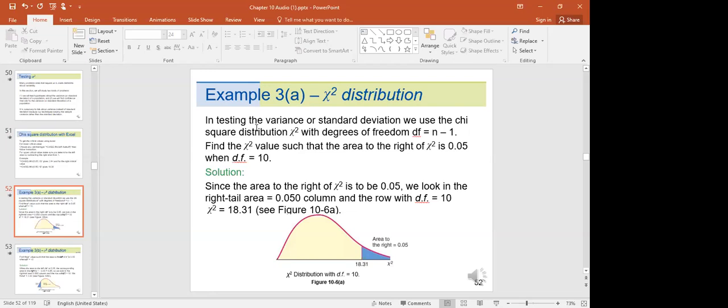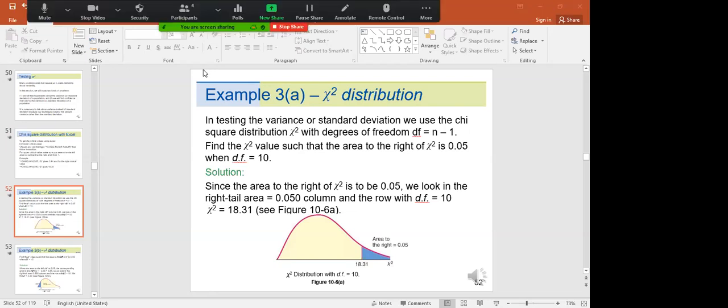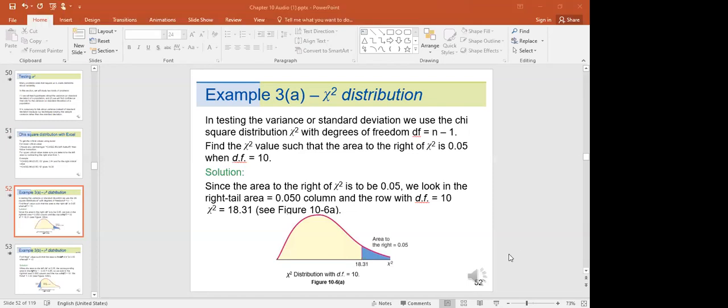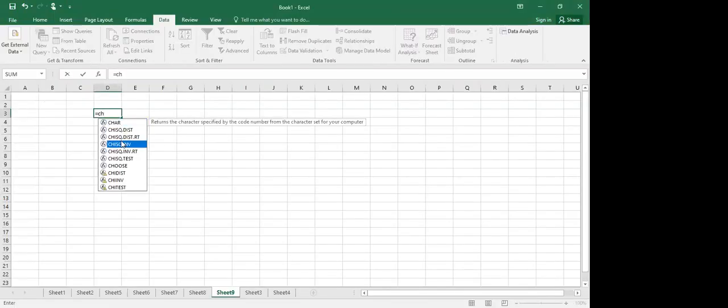So now I will go back to Excel. We will choose chi-square inverse right. We do inverse because we have the area and we want the value. When you have the value and you want the area, you do probability, and your calculator can do that.